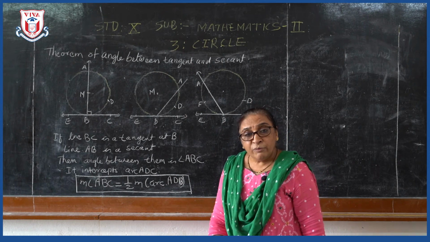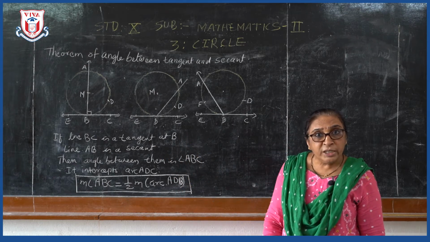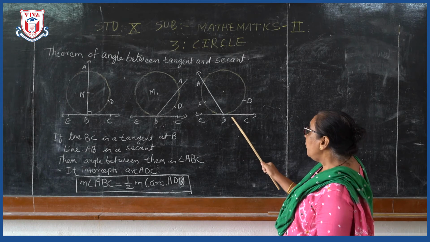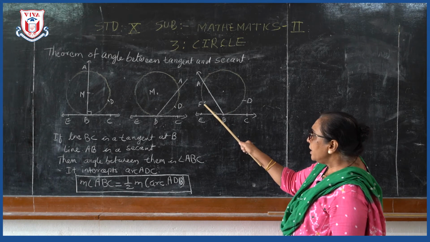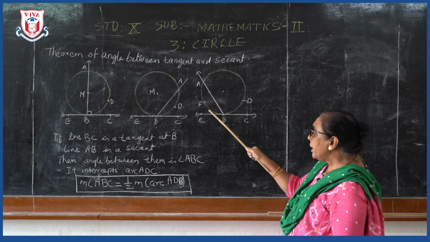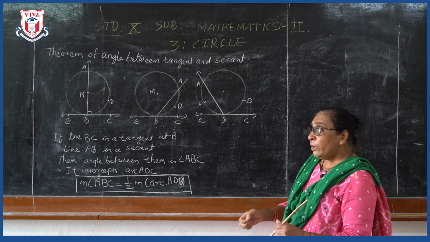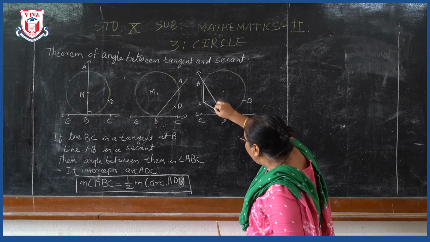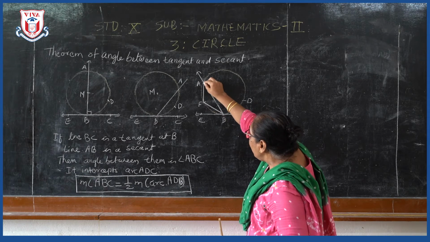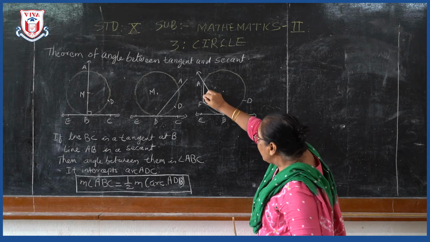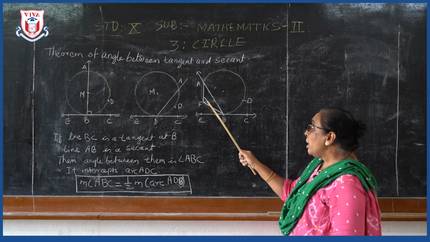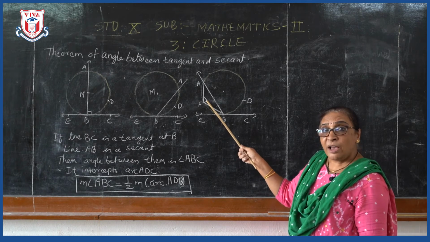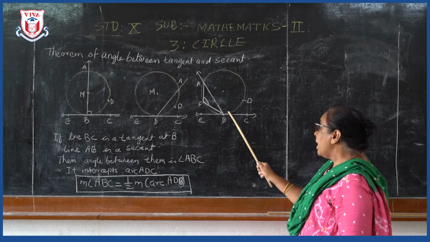Now children, one more property we can explain by using this. See, in the last figure, one more point F is taken on this minor arc AB. Now if we join AF and FB, then you will get angle AFB, which is also called an inscribed angle, and an inscribed angle is always half of the intercepted arc.